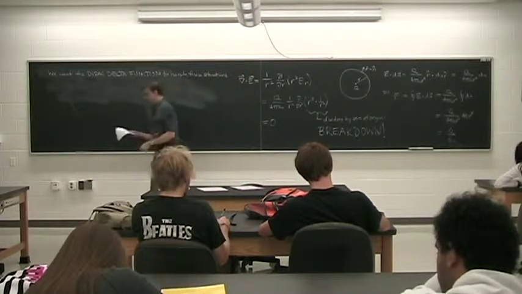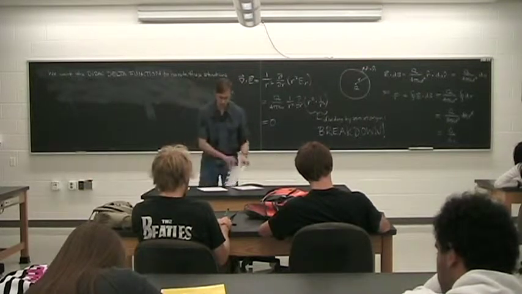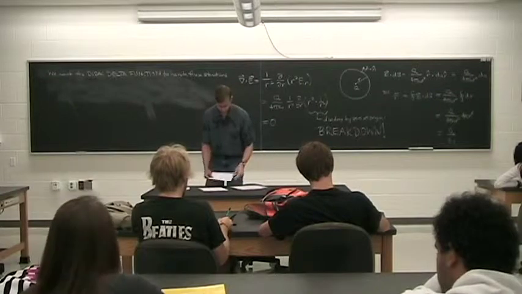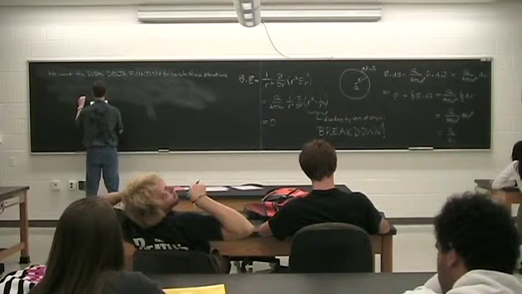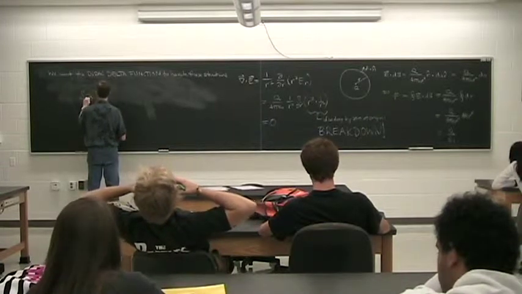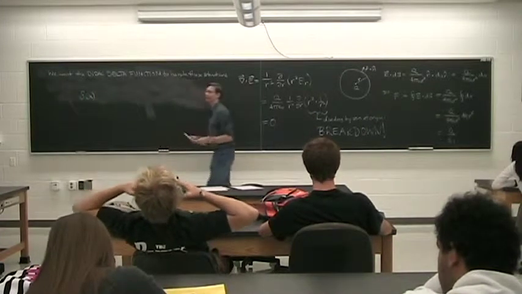So the Dirac delta function is defined, quote unquote, by the following properties. It's a delta written like that.